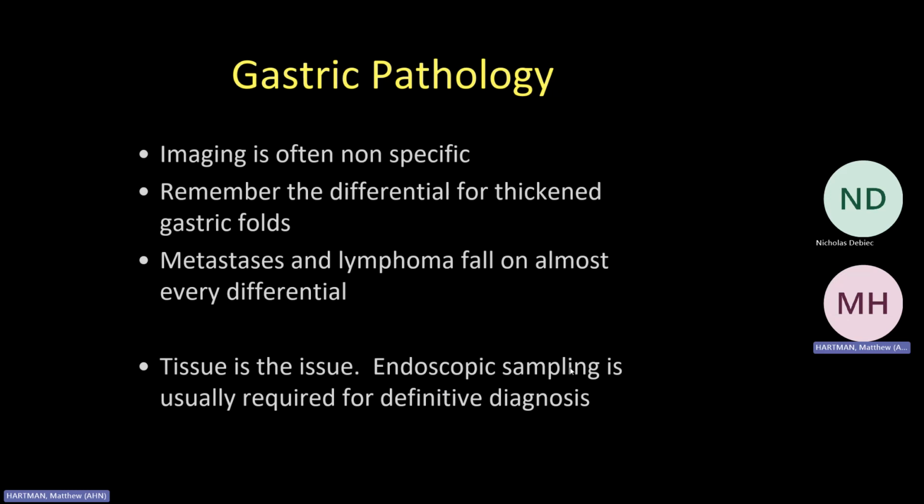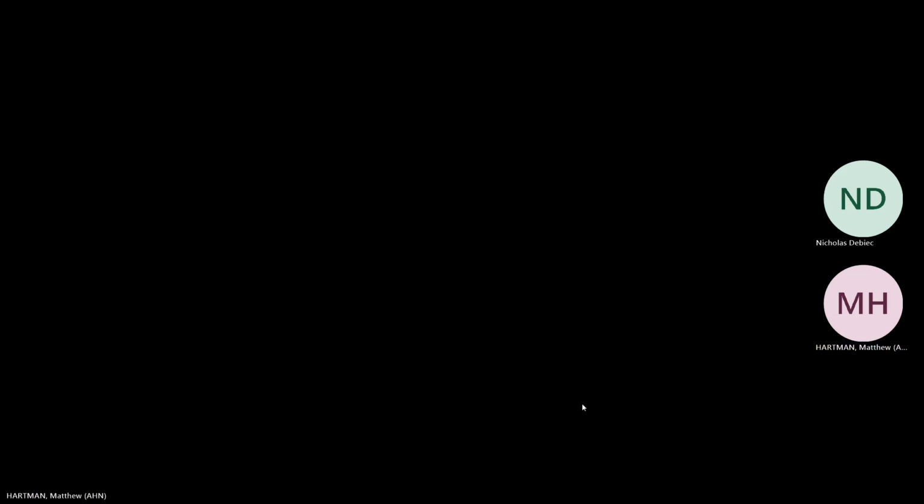We're going to tell them where to sample. We'll help stage, looking for those tumor tipping points. Are there Mets anywhere else? Is there adenopathy? We will guide the workup for the patient, but ultimately tissue's the issue, and make the definitive diagnosis. Thank you very much.